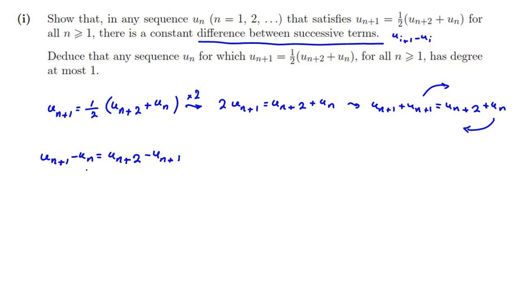Okay. So as you can see, these two things are equal. We can say u_{n+2} minus u_{n+1} equals u_{n+1} minus u_n. So we know it is correct for any n. Now if you apply it, if you decrease n, it is like an identity. u_{n+1} minus u_n equals u_n minus u_{n-1}, and so on.